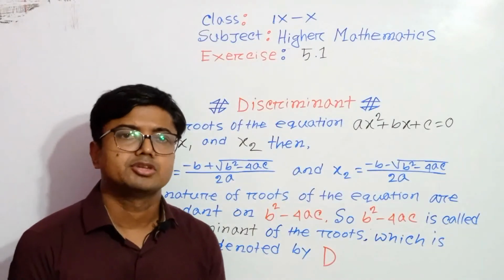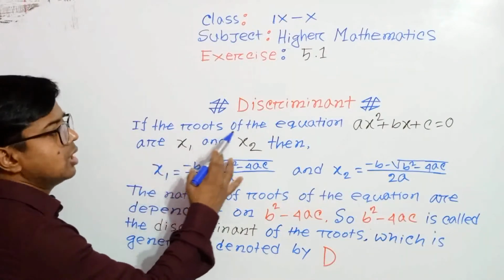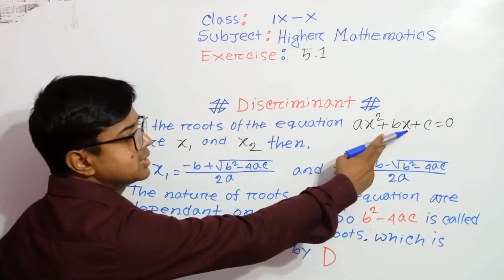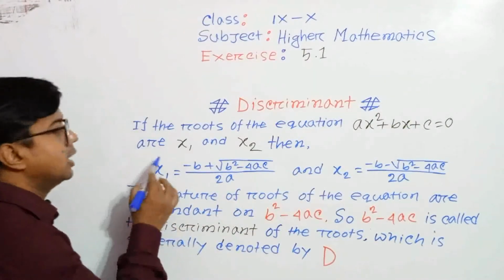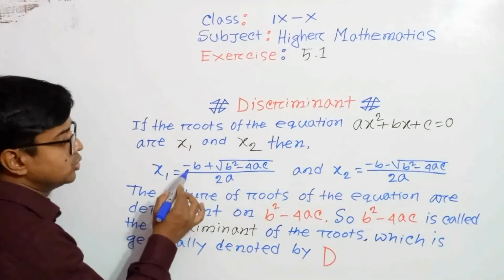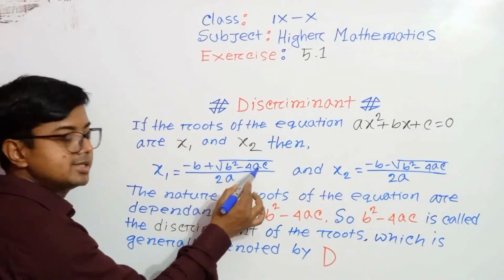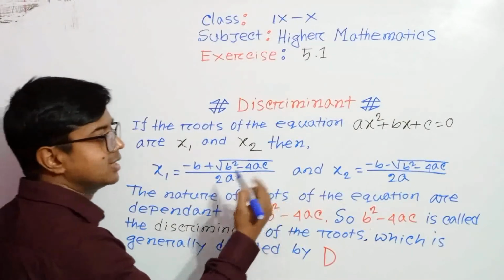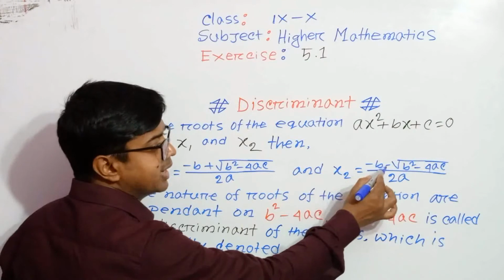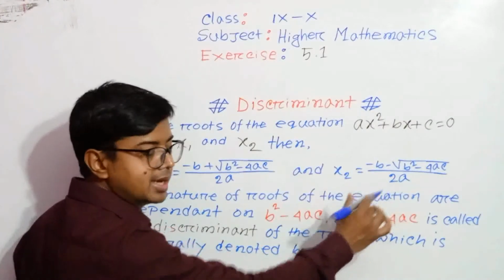Now another important topic: discriminant. If the roots of the equation ax squared plus bx plus c equals 0 are x1 and x2, then x1 equals minus b plus square root b squared minus 4ac by twice a, and another root is x2 equals minus b minus square root b squared minus 4ac by twice a.